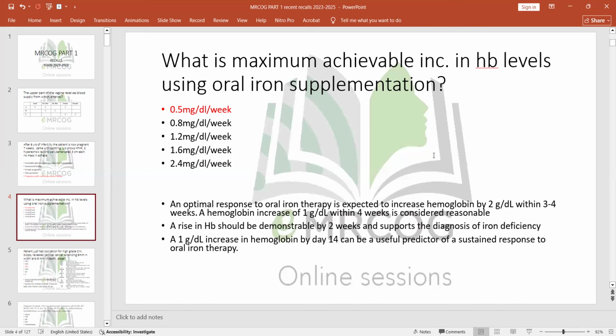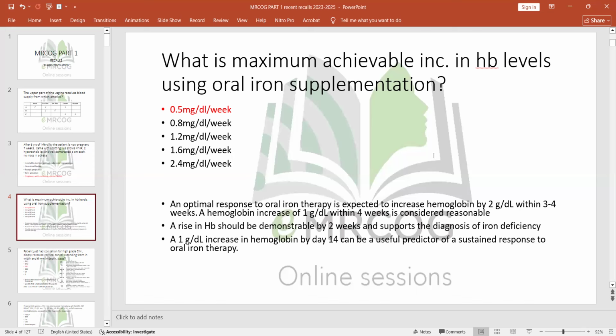Maybe other resources are going to tell you we are hoping for more. I'm telling you here the reasonable increase. Reasonable increase means I'm going to expect the hemoglobin to increase by 2 grams per deciliter within 3 to 4 weeks. This is according to our college. Increase of 1 gram per deciliter within 4 weeks is very reasonable.